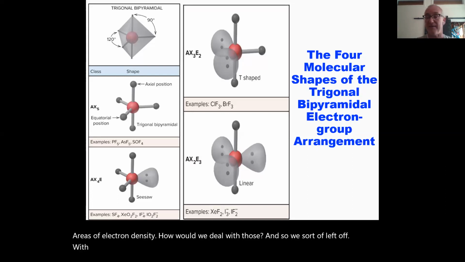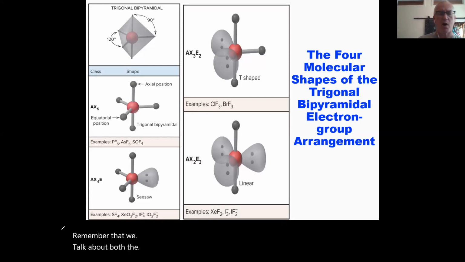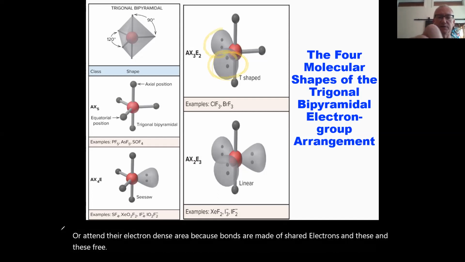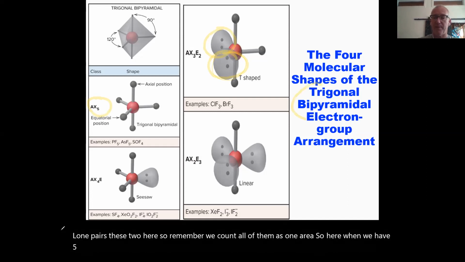So when you have 5 regions, remember that we talk about both the bonds, which are made of shared electrons, and these free lone pairs, like these 2 here. Remember, we count all of them as one area. So here, when we have 5 areas around it, we call these trigonal bipyramidal.